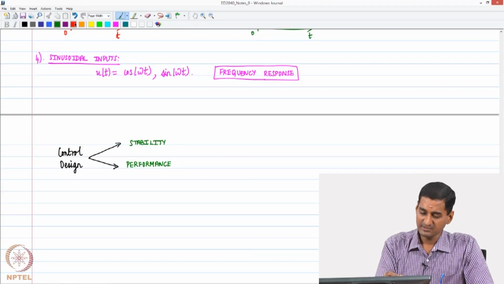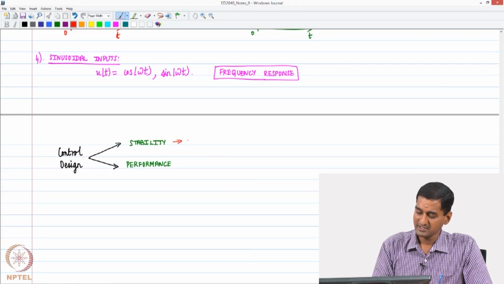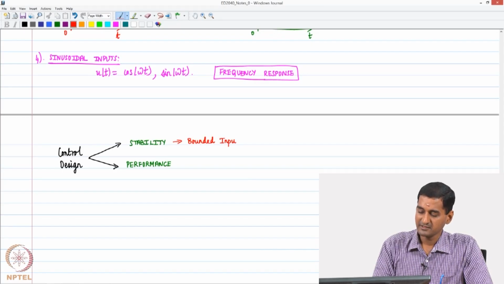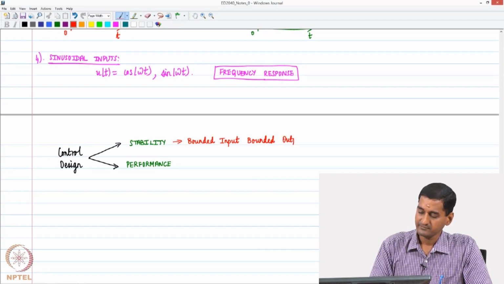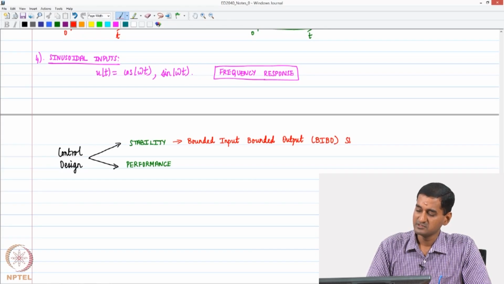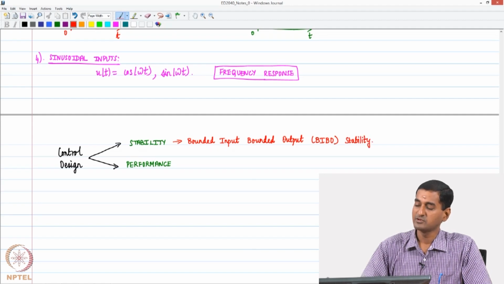The notion of stability that we are going to use in this course is bounded input, bounded output stability, abbreviated as BIBO. So what is meant by bounded input, bounded output stability?